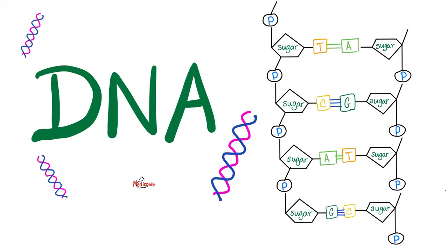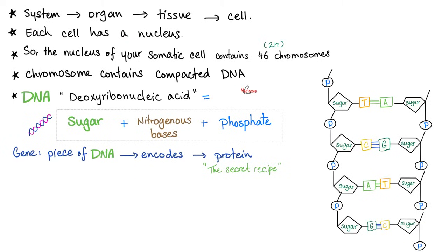Here's your lovely DNA. It's anti-parallel. Never ever forget that phosphate is at the 5 prime. Phosphate 5. Who is at the 3 prime end? Just OH. The building unit of your body is the cell. Each cell has a nucleus. The nucleus contains 46 chromosomes, assuming that this is a somatic cell.